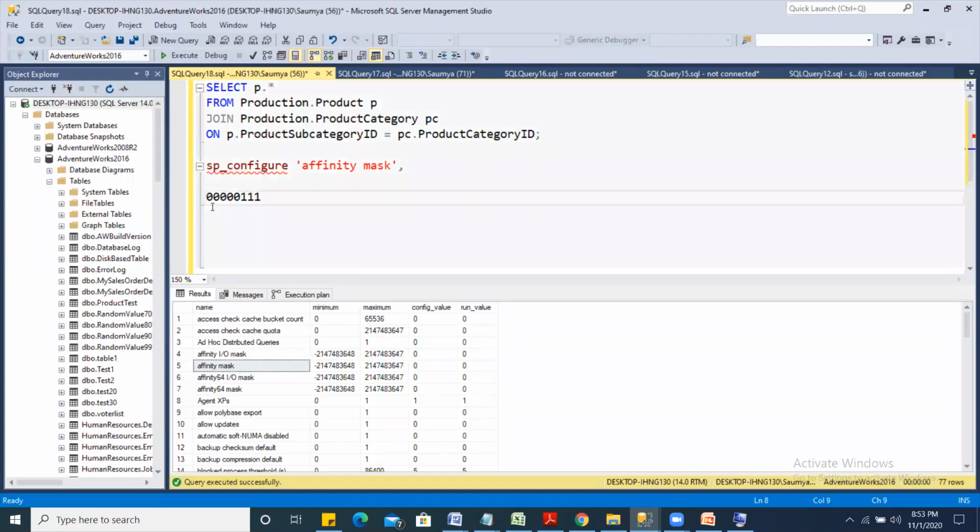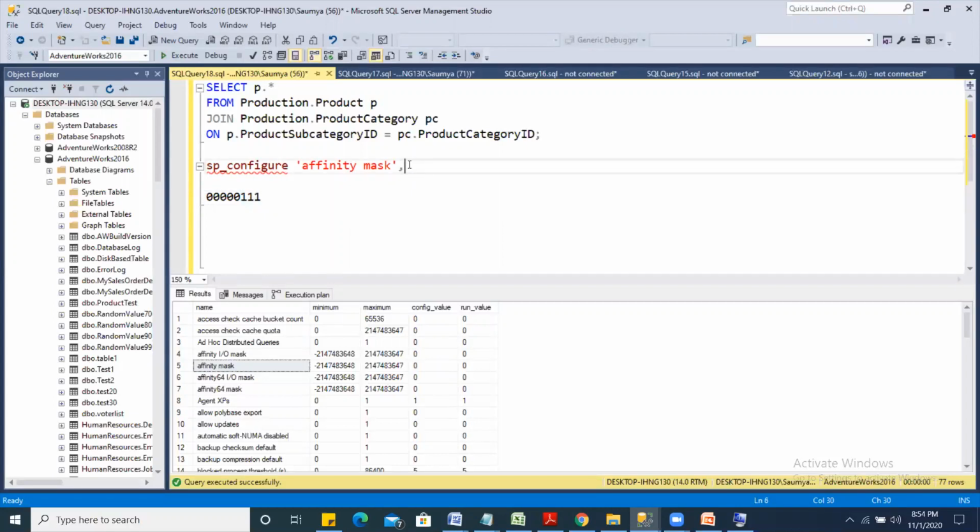This is the binary value. Now change it into decimal. 1 times 2 to the power 2 is 4. 1 times 2 to the power 1 is 2. 4 plus 2 is 6, and 1 times 2 to the power 0, which is 1, gives 1. This is binary mathematics, so the total value is 7 here.